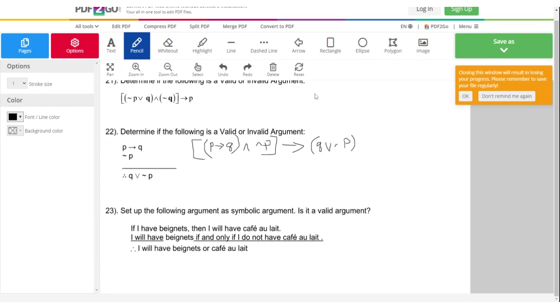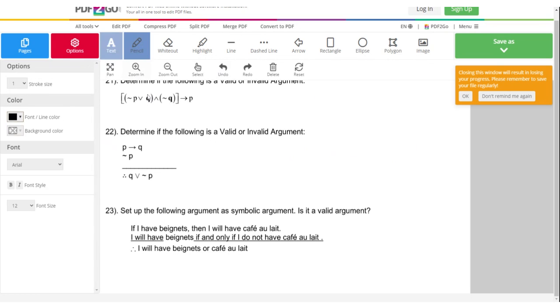I'll tell you what, let me make it smaller. Actually, I can put it in the text.